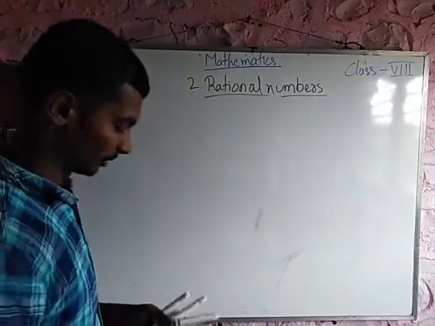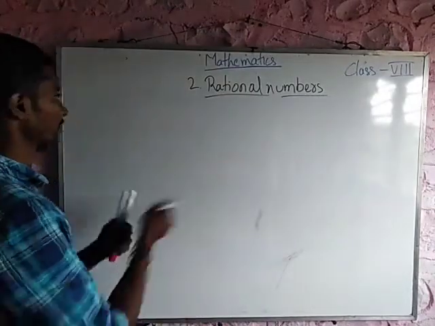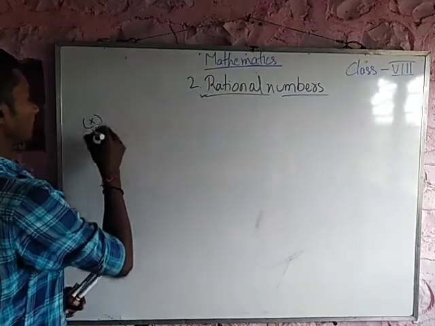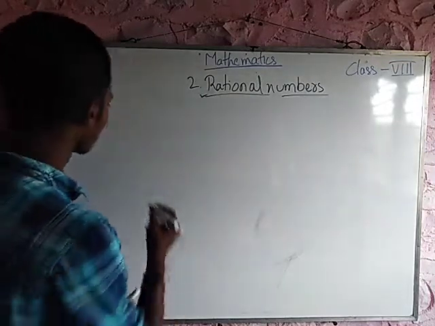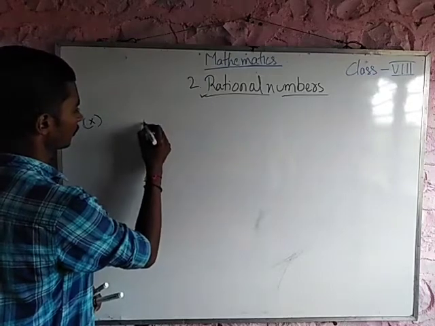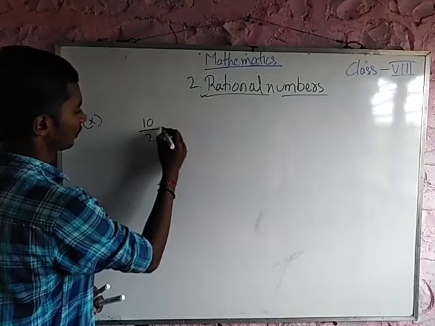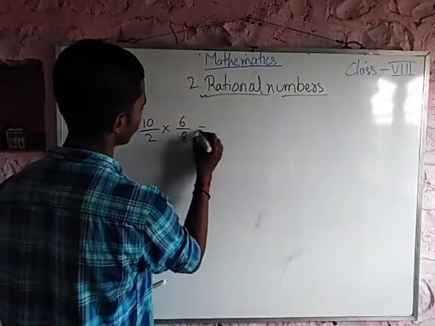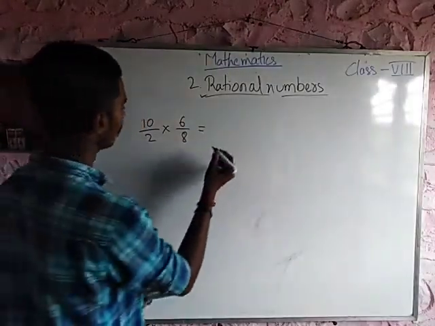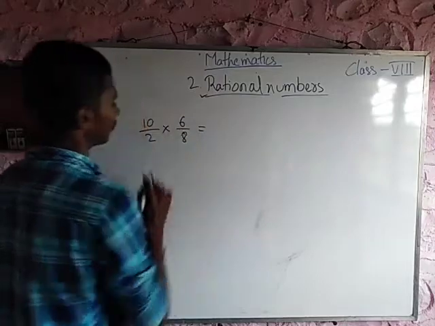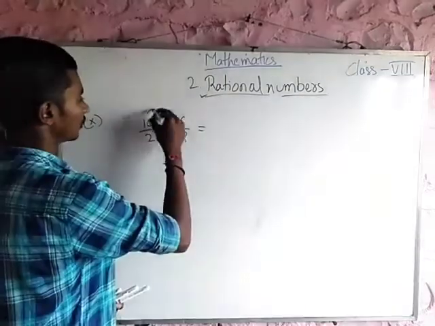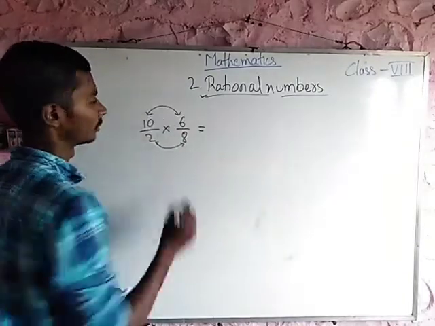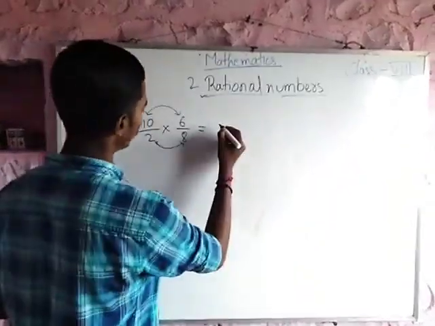Now multiplication. The same rational numbers for multiplication. Okay, let me take some example. 10 by 2 into 6 by 8. This is a into b. Okay, and here for multiplication, what is the method? Multiply the numerators, multiply the denominators, and write as it is in the p by q form.